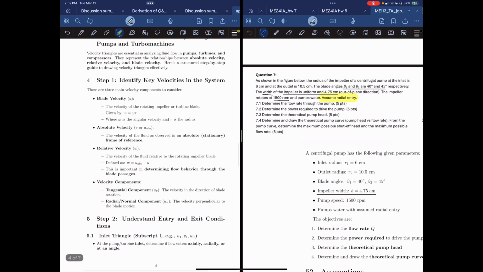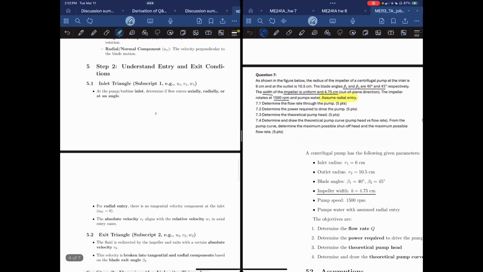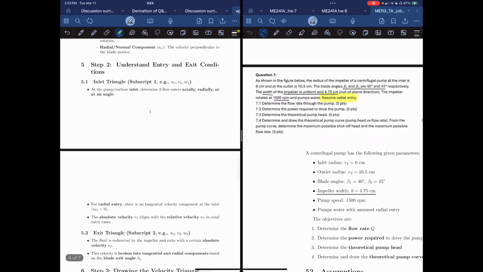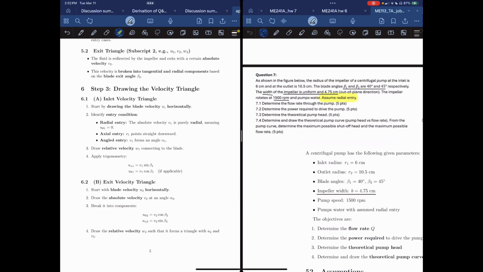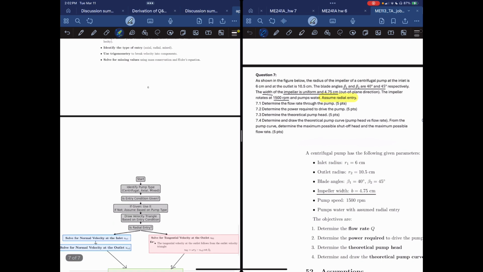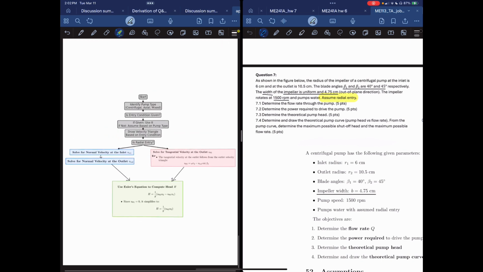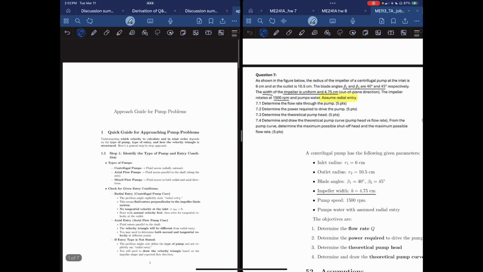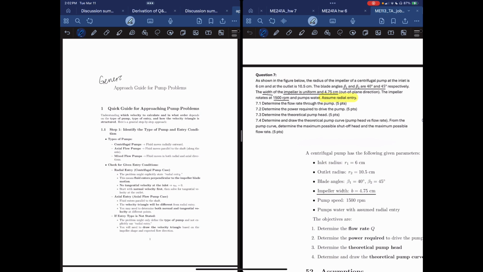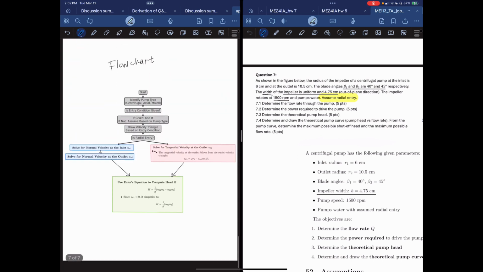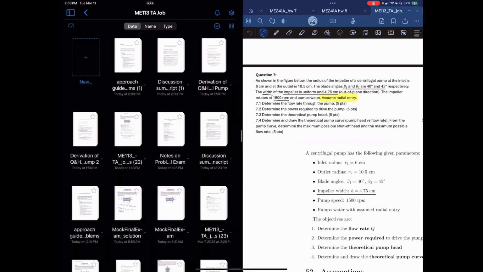Okay, I just defined more terms and concepts, the inlet versus outlet exit. And then this is a flow chart. I added more notes on how to solve question 7.